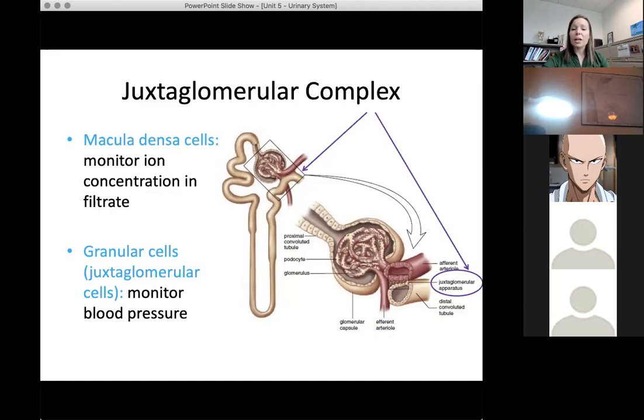So these monitor blood pressure in the afferent arteriole. Also, they secrete an enzyme that's called renin. I will type that in here for you. Renin, R-E-N-I-N.